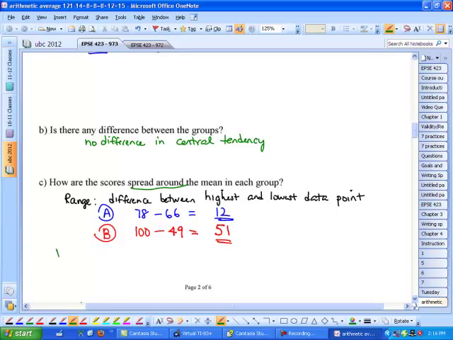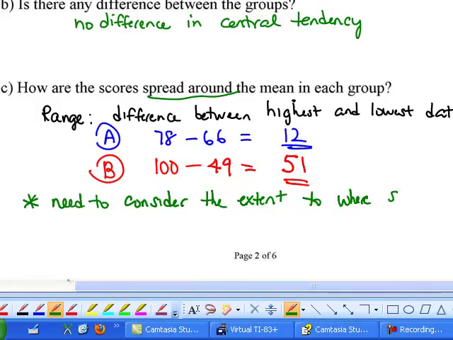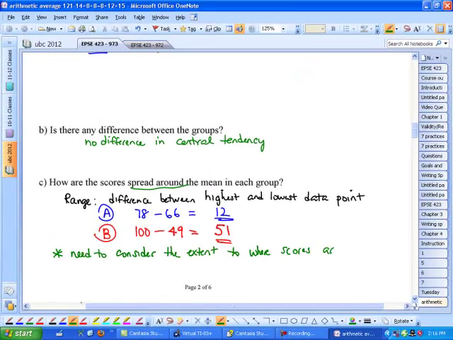So what I want you to understand is we really need to consider the extent to where scores are spread out around the mean. And there's a special name for that too, not the man, the mean, and that's called the standard deviation.